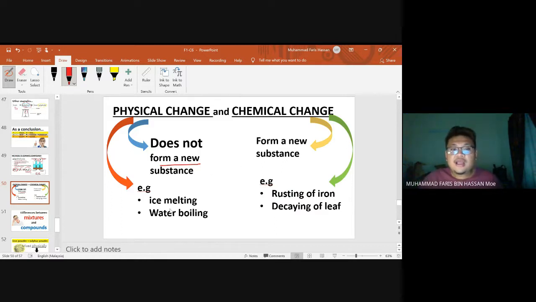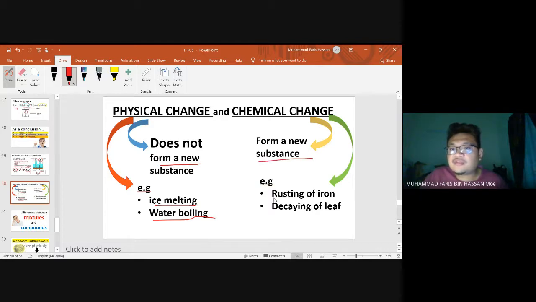For example, ice melting, water boiling. Ice melting, from the ice to form water, is still the same thing. The same goes for water boiling. From the water, it will boil to form water vapor. Still the same substance. But for a chemical change, it will form a new substance.